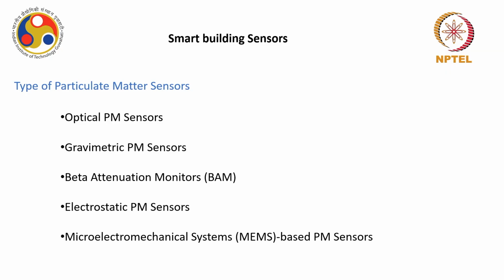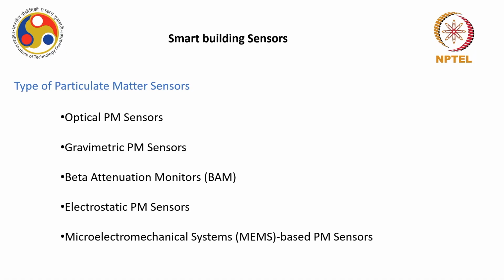So there are different types of particulate matter sensors, like optical PM sensors, which are very popular. They are basically based on reflection or scattering techniques. Of course, there can be multiple sources. It can be based on laser, or on some other light source.